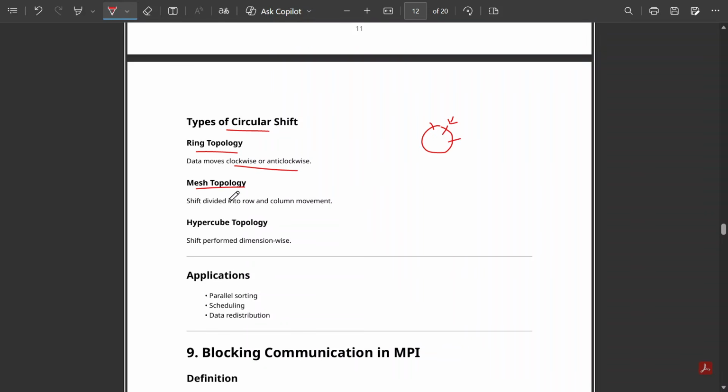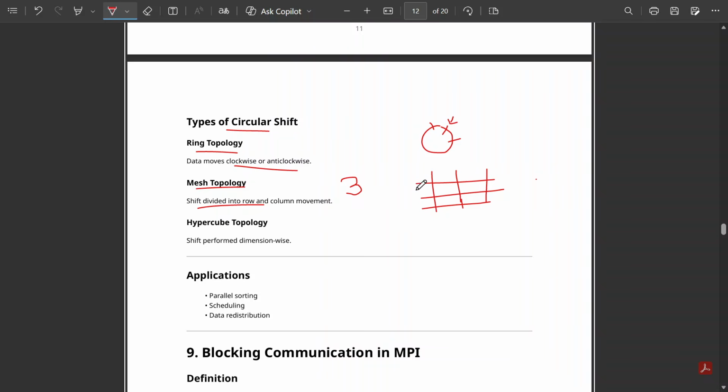Next we have the mesh topology. In mesh topology, the processors are arranged in rows and columns, unlike ring topology. And the shift operation takes place in phases. There are basically 3 phases.